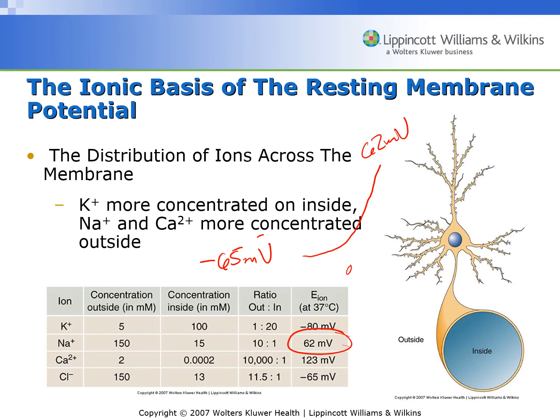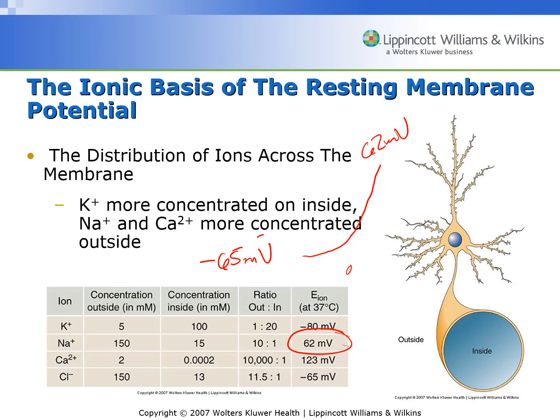We'll get into more later when we get into the action potential, but understand that the equilibrium potential is also called the reversal potential, meaning that if you are above minus 80, potassium is going to go from inside to outside. If you are below minus 80, potassium would actually go the other way.